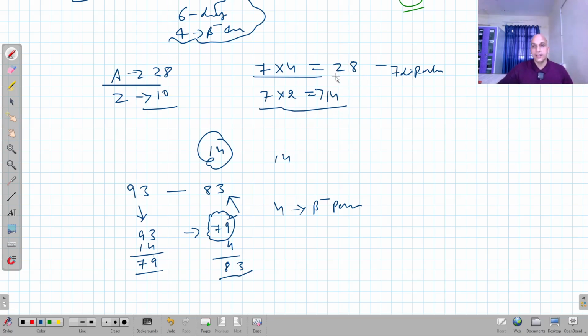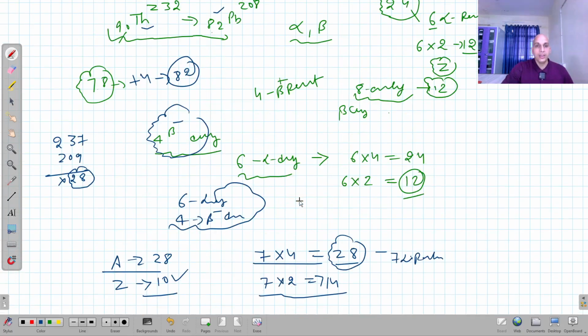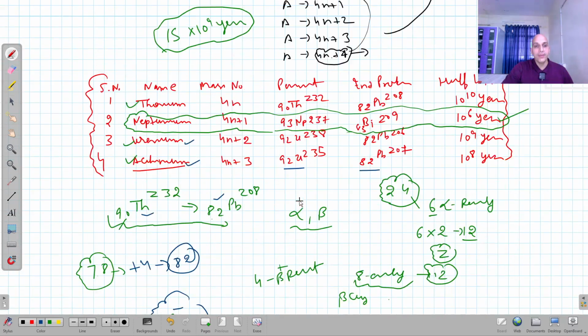28 decrease in mass number. So 7 alpha particles are there. Then 7 into 4, 28, right? 7 into 2, 14, so it will decrease by 14, but we want a change of 10, so it means 4 beta negative particles will also be there, right? So this is the case of Neptunium series.